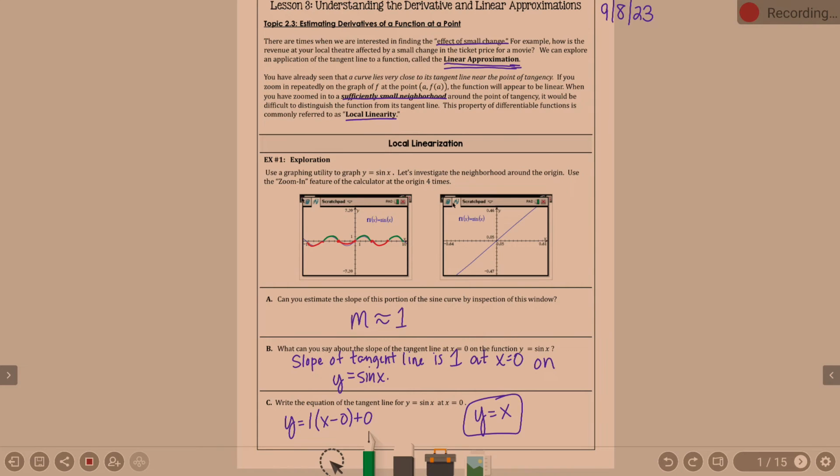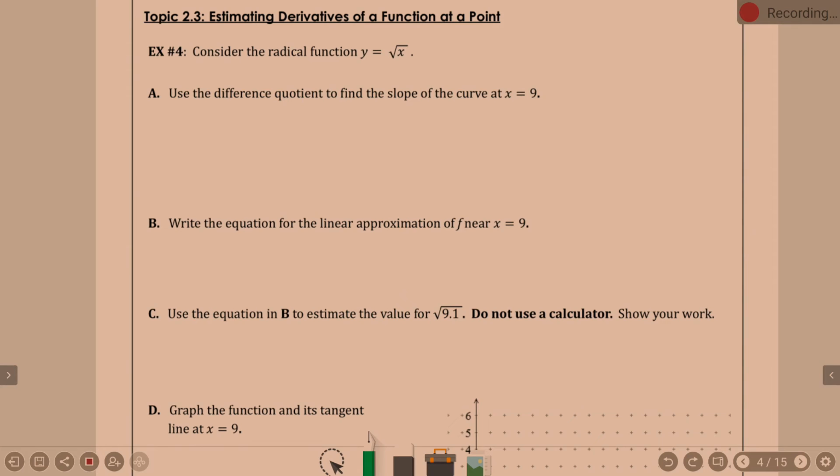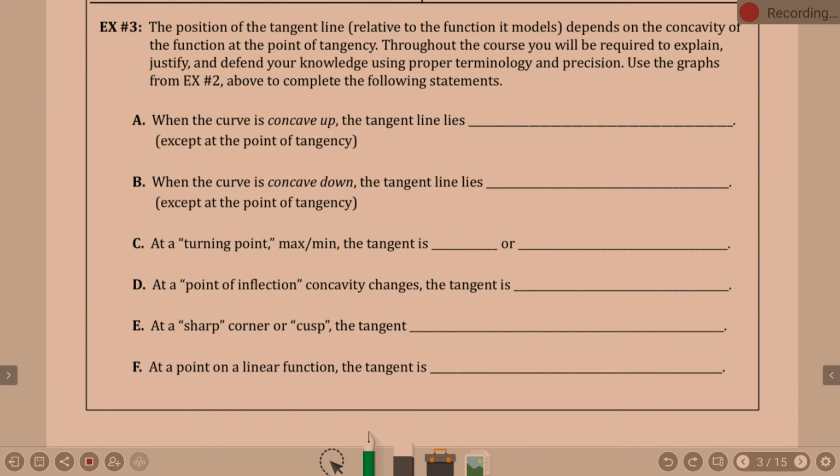Okay, a little bit about concavity, right? When the curve is concave up, it's going to be something like this. The tangent line lies where? Beneath.